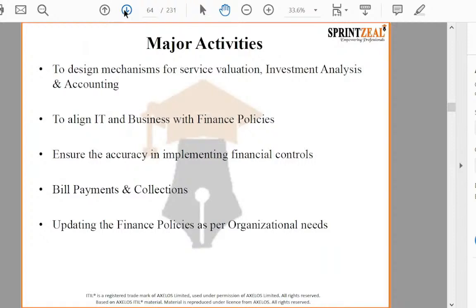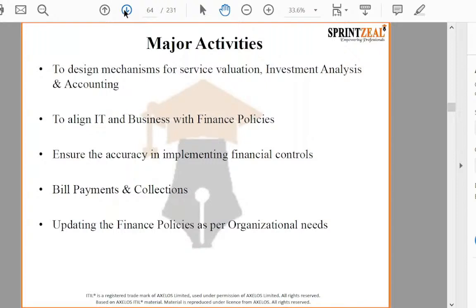So financial management is to design mechanisms for service valuation, investment analysis, and accounting. We talked about service valuation. We talked about BIA. We talked about the ABCs of financial management. And it aligns with IT and business with its own finance policies, which is important because financial management is dealing directly with the money.